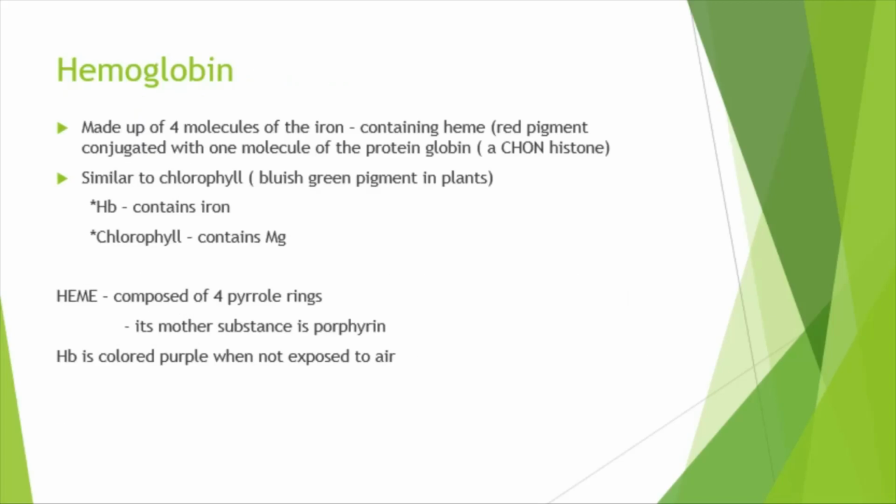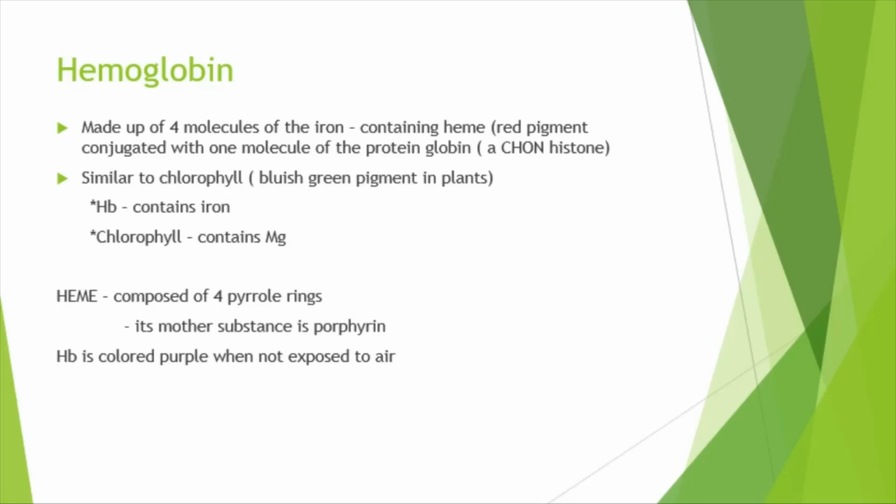So let's discuss now your hemoglobin. Your hemoglobin is made up of four molecules of iron-containing heme, a red pigment, conjugated with one molecule of protein globin, which is a protein histone. This is similar to chlorophyll, which produces the bluish green pigment in plants.